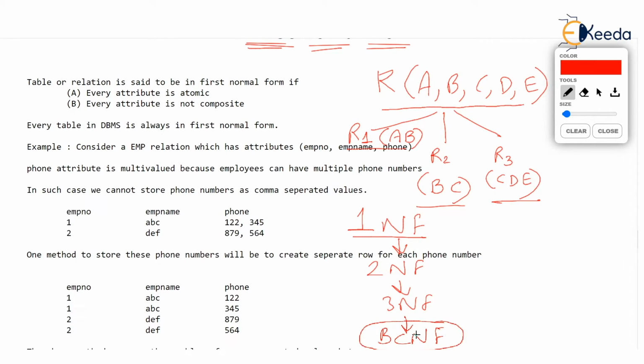But to convert any given table into BCNF, you will have to see to it that the table is in the first form, then the second form, then the third form, and finally BCNF. So our discussion of normalization, that is, decomposing a larger table into smaller tables, must begin with 1NF, the first normal form. And that is what we are learning here.